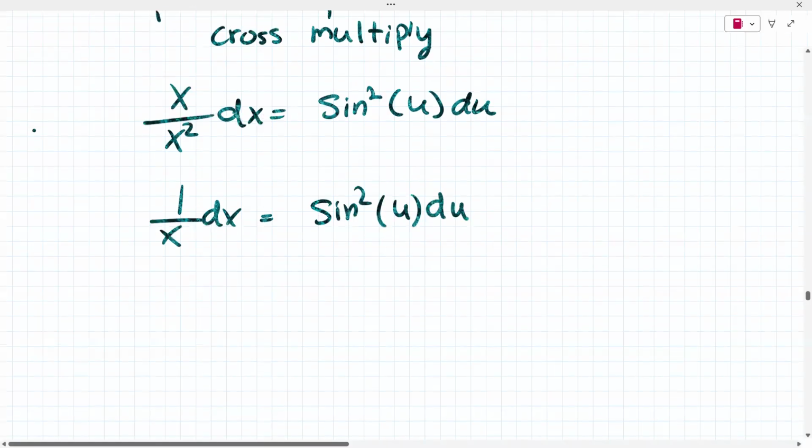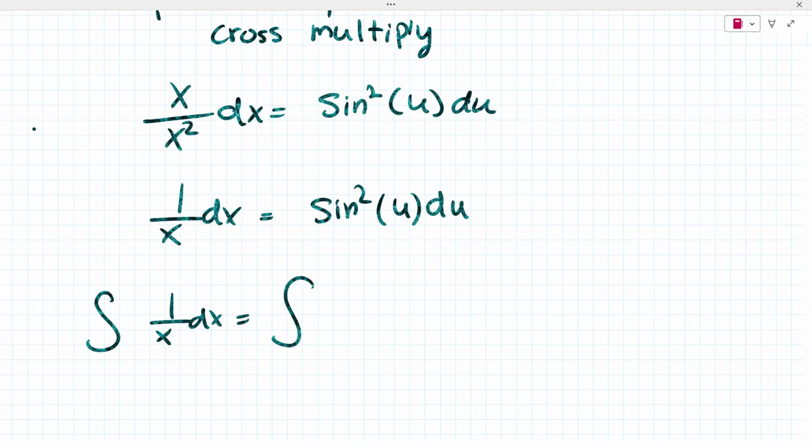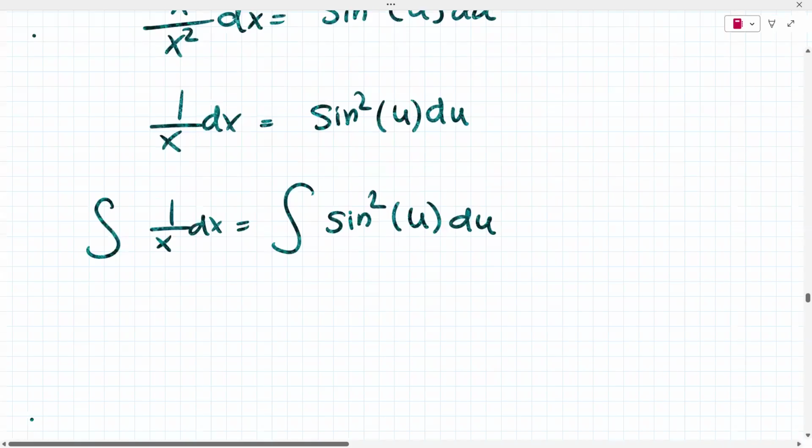Now you can integrate. On the left, it's going to be the integration of 1 over x dx. On the right, it's going to be the integration of sin squared of u du. The left is easy. The integration of 1 over x dx is ln. The right, you might have to use what's called the half angle identity.